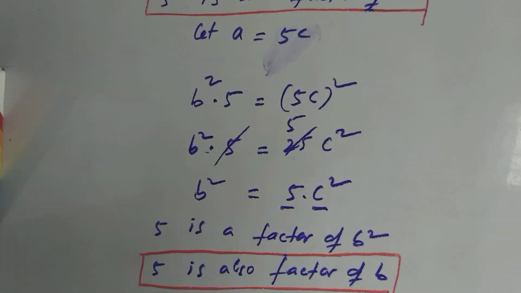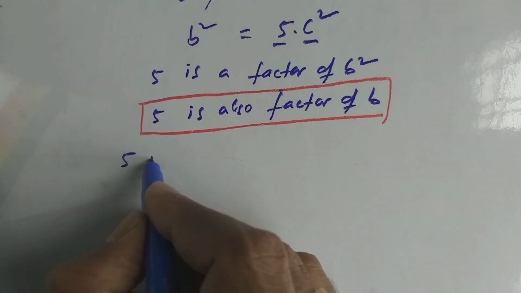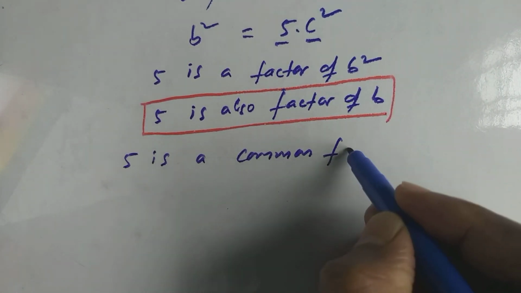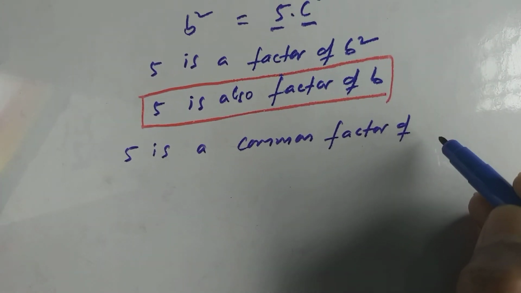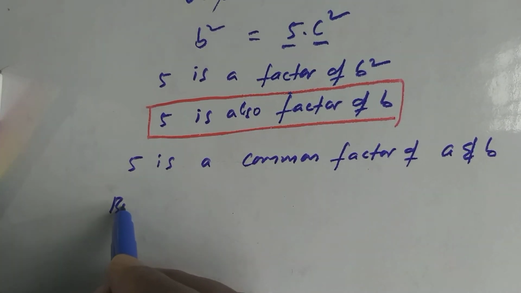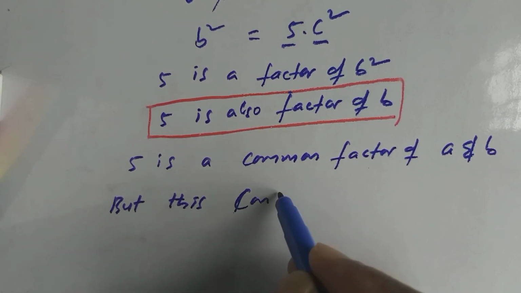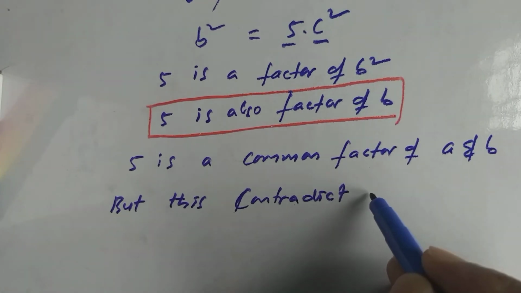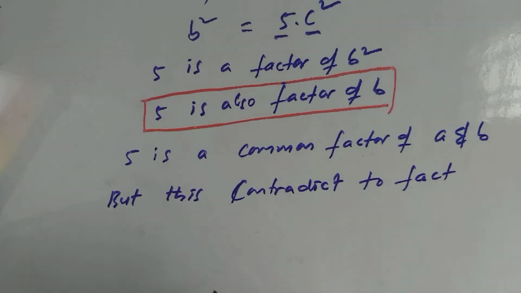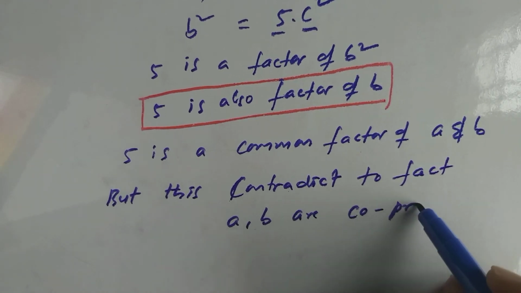From this sentence you can write: 5 is a common factor of a and b, but this contradicts the fact that a, b are co-prime.